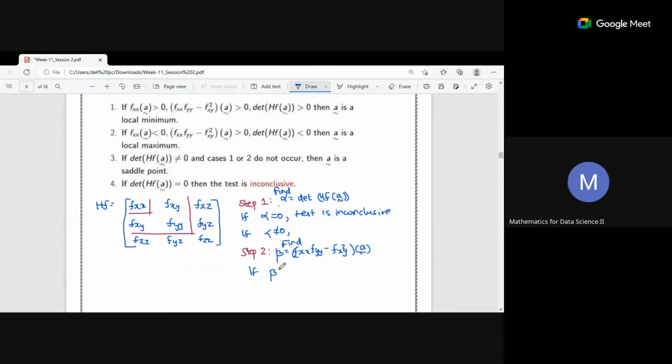Now, if beta is less than 0, or less than or equal to 0, then what can you say? If beta is less than or equal to 0, you can say that A tilde is a saddle point. Before that, this condition also we need to include.